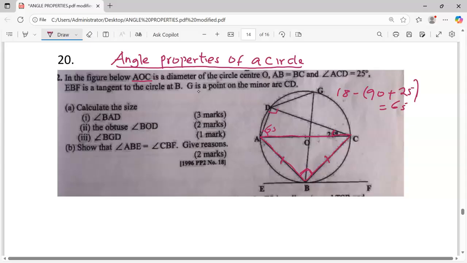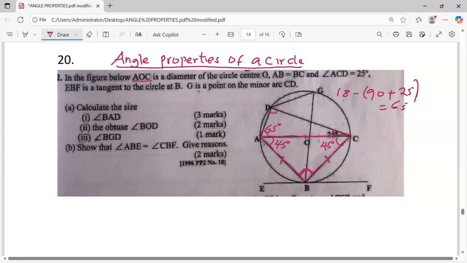So the angle at this point is 65 degrees, and we know that AB is equal to BC, and this is 90. That means we are going to have 45 degrees, and here is 45 degrees since these are the base angles of an isosceles triangle.